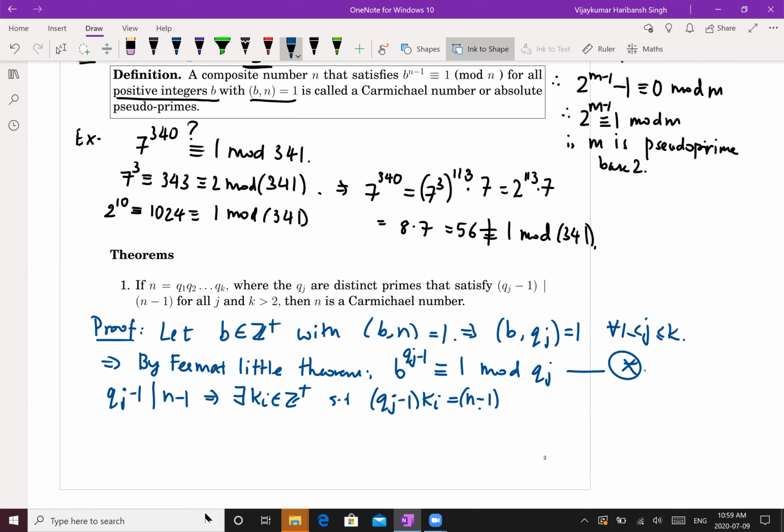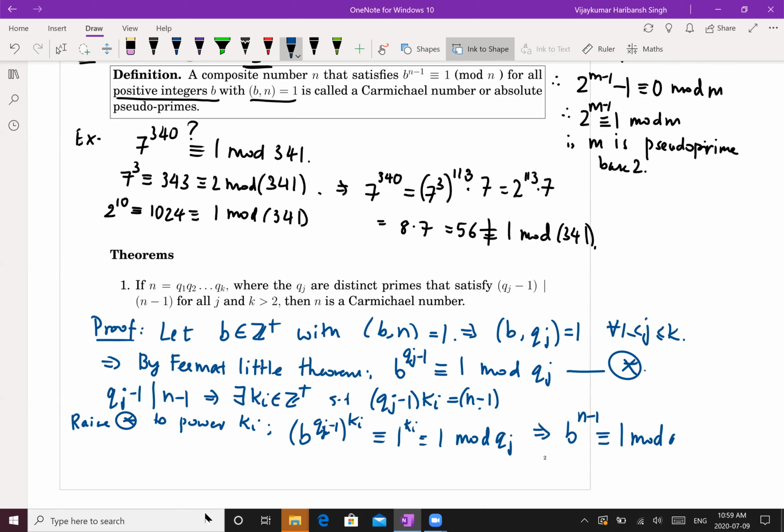So take star, raise it to the power ki. We get b to the power qj minus 1, the whole to the power ki, is congruent to 1 to the power ki, which is the same as 1 mod qj. Or in other words, b to the power n minus 1 is congruent to 1 mod qj.